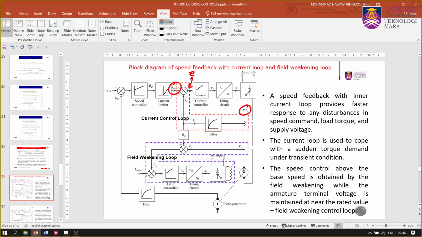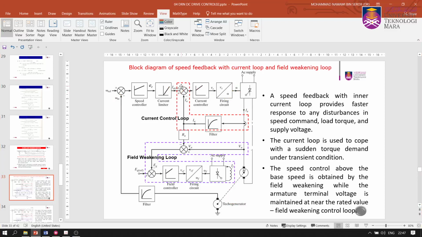That error will adjust the current controller here, and therefore we adjust the armature voltage in terms of alpha, and then your speed can be adjusted and brought back to the required speed. So not only do we measure the speed omega m here, but we also monitor the current here. This is very much the idea.